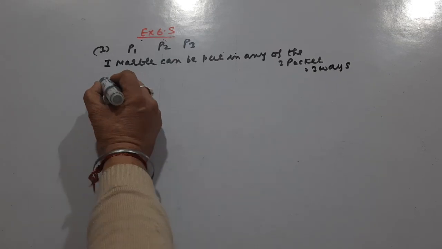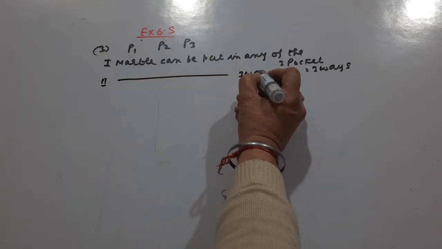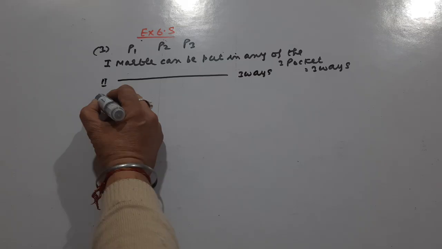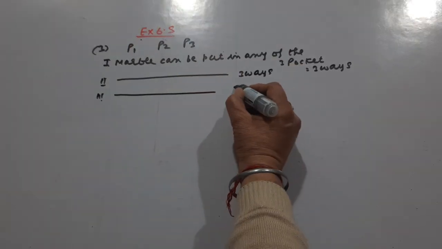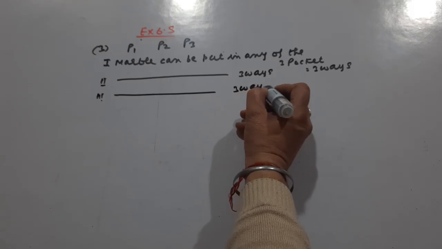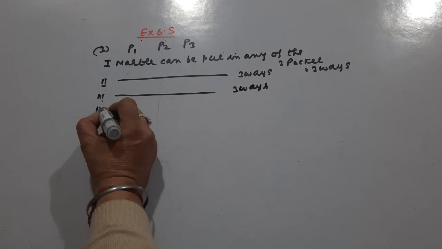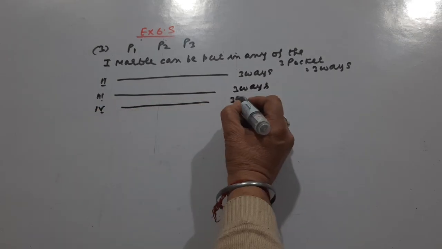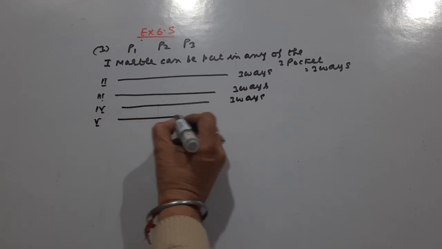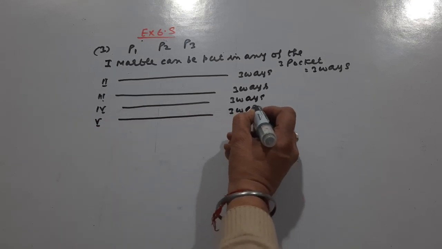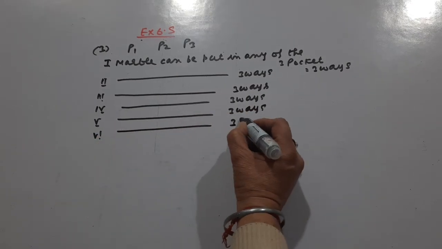Similarly, second marble can be put in three ways, because we can put all the marbles in one pocket also, or we can say repetition is allowed. So third marble can be put in three ways, and fourth can be put in three ways, and fifth marble can be put again in three ways, and then sixth marble can be put in three ways.